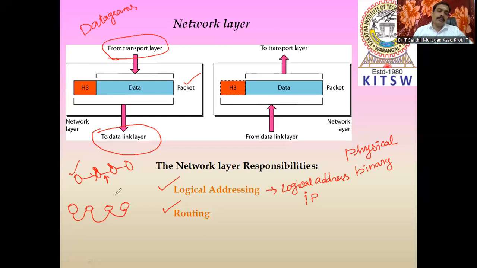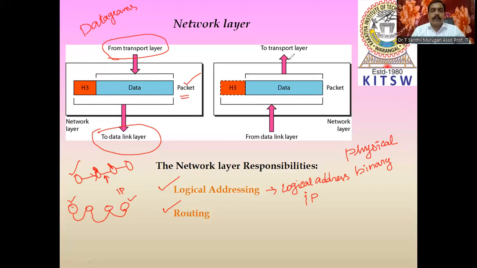So how does this happen? Using the IP addressing system. Here is one IP address and here is another. Until the message reaches the particular IP address, it is transmitted in the network layer. That message is a packet, so in the network layer the data unit is the packet.